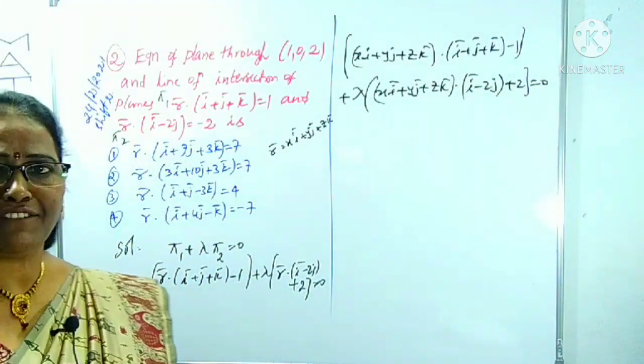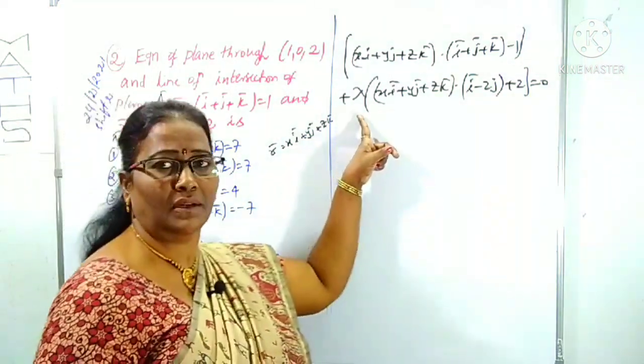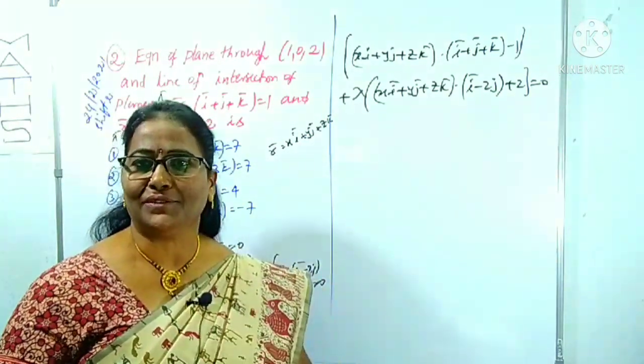Now this is our required equation of the plane. Here the unknown value is lambda. After finding the lambda value, we can find the equation of the plane.